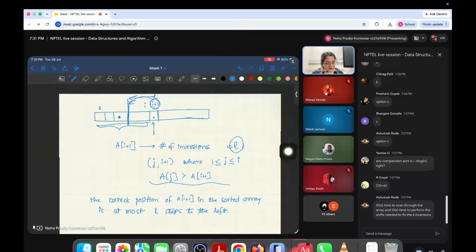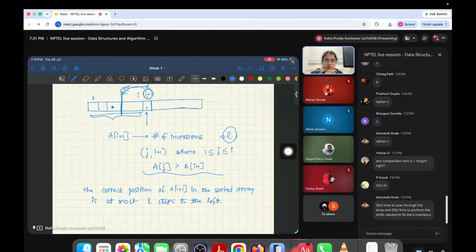And observe that when we keep sorting this array, you're not introducing any more inversions. The number of inversions can only go down because the elements are falling into the correct place. So the number of violations you had earlier can only go down, it can never increase.